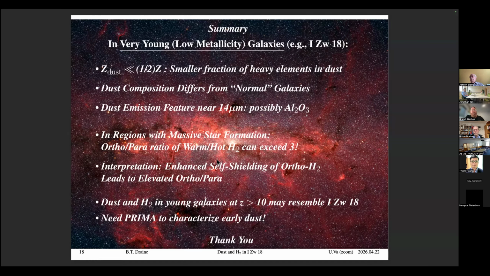But it's probably a bit of a combination of both the UV fluorescence and the preferential photodissociation. There's also the fact that the gas temperatures don't get very hot. We get gas temperatures in our models of a few hundred Kelvin, but not quite as hot as in the Orion bar, because you don't have the photoelectric heating as efficient.